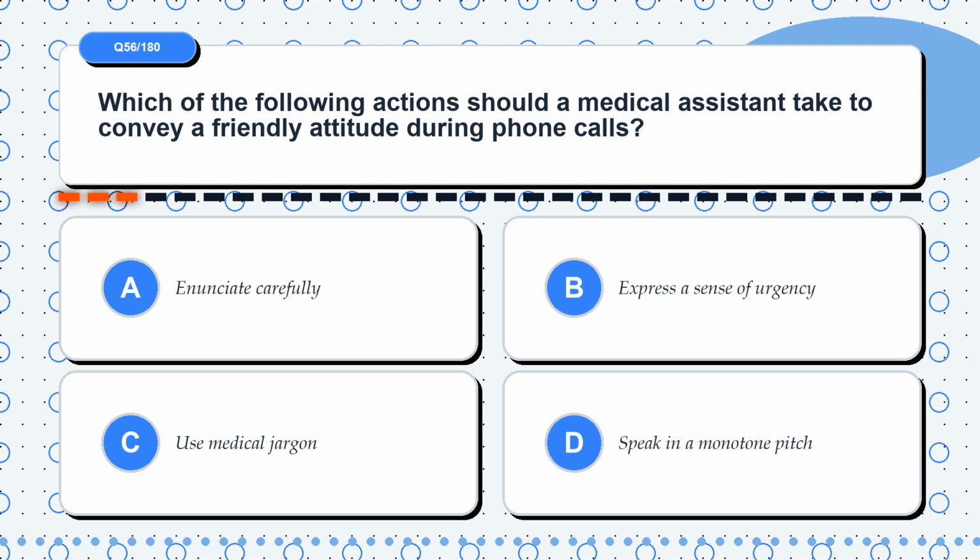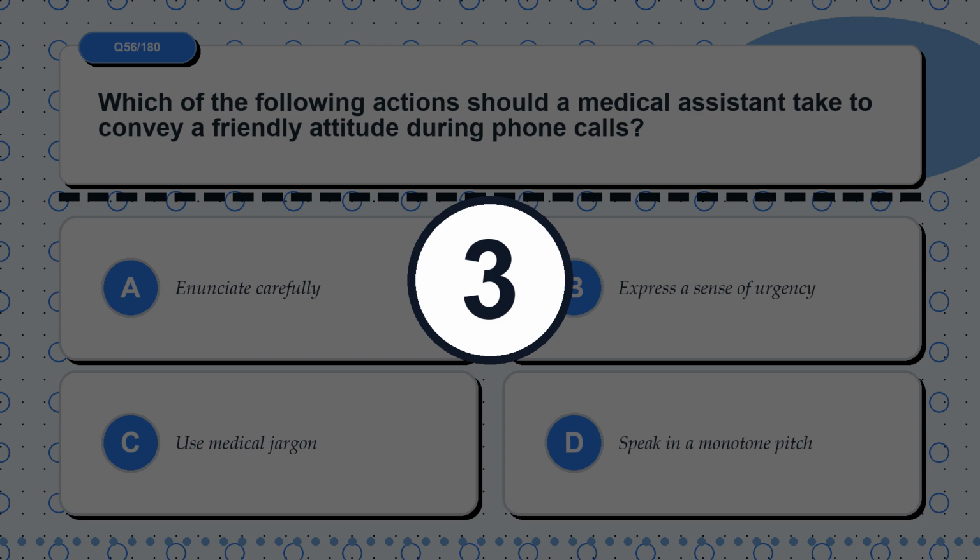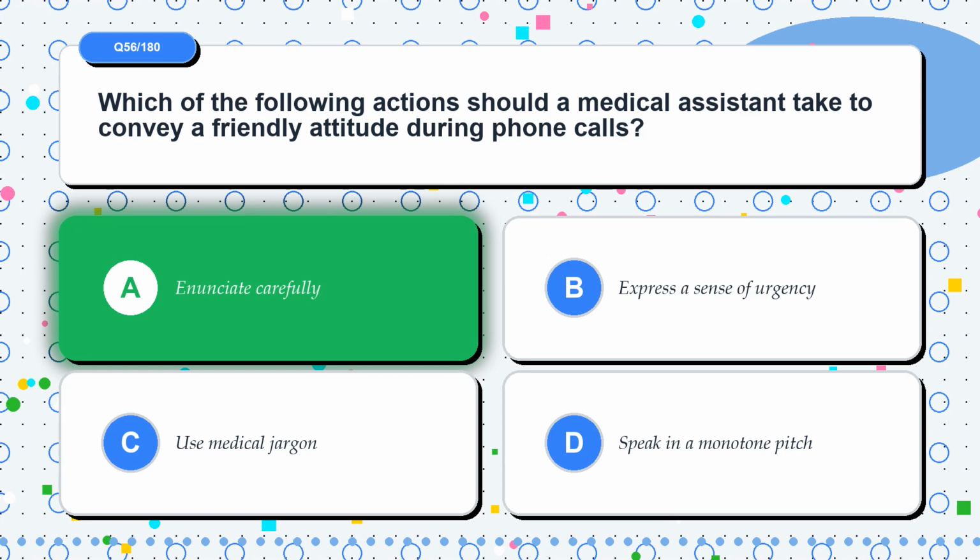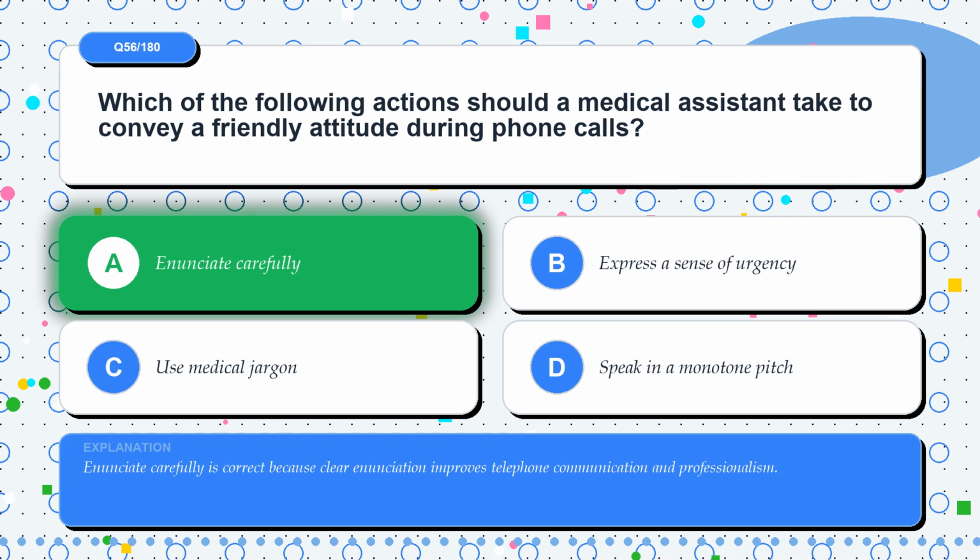Option D, speak in a monotone pitch. The correct answer is option A. Enunciate carefully is correct because clear enunciation improves telephone communication and professionalism.